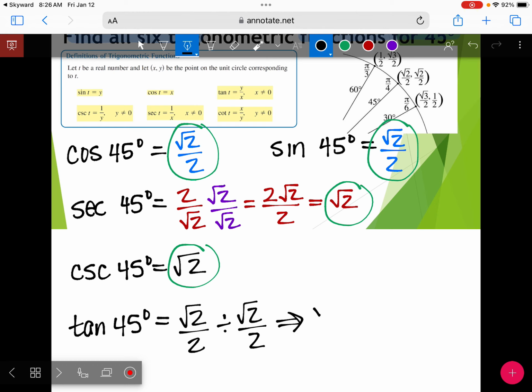And you're doing your keep, change, flip. And what do you notice is going to happen here when we do that? Everything cancels. So what do you think our answer is going to be? 1.